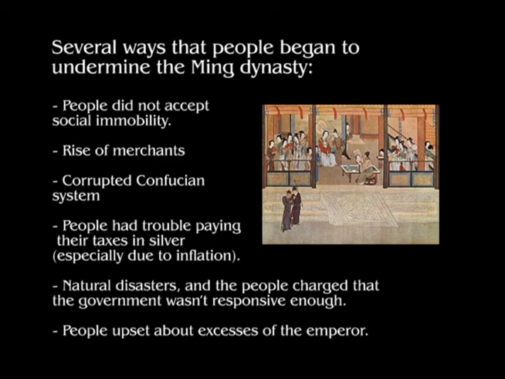Remember, over time, our farmers who were dependent on these small plots of land, they're having larger families, more people are surviving to adulthood, and they can't support these large expanding families. So with problems from within, that gives impetus to Nurhaci in 1644 from Manchuria to come in and overthrow the Ming dynasty to establish a new dynasty, the Qings.